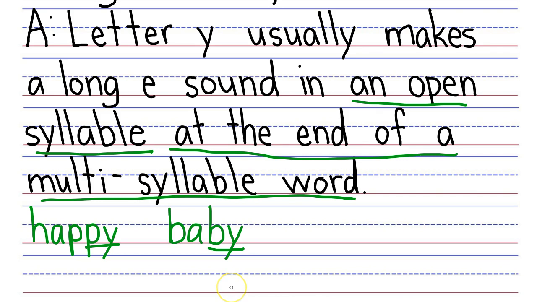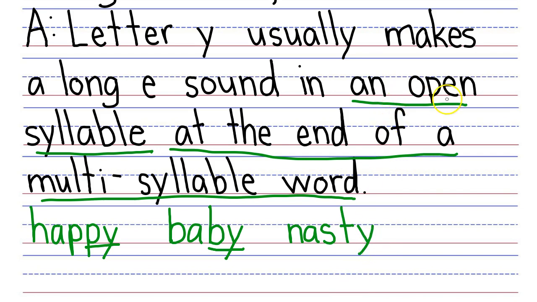Next word, nasty. First syllable, nas, N-A-S. This is a closed syllable because it ends with a consonant letter, so the A makes its short A sound, A. Second syllable, T, spelled T-Y. The Y is a vowel Y because the Y isn't coming at the beginning of a word or at the beginning of a syllable where it could make its consonant sound.